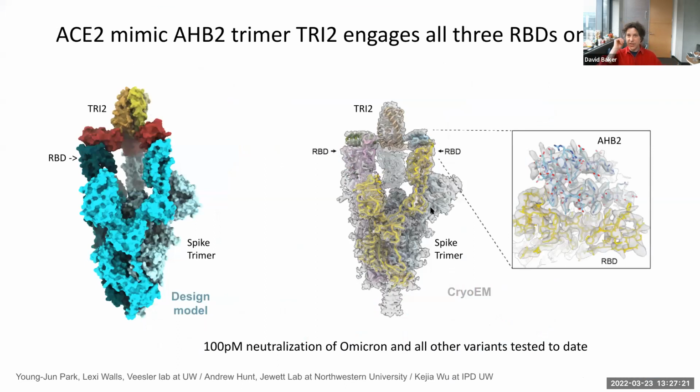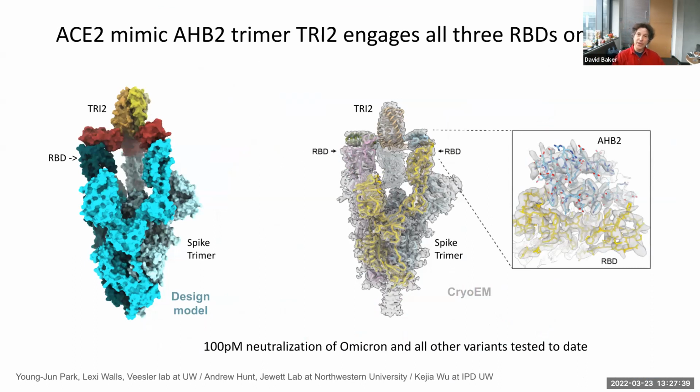As escape variants started coming out, we took the design to a higher level, and we designed this trimeric structure here, which holds 3 of these receptor binding domains in position where they can engage 3 different receptor binding domains on the coronavirus.